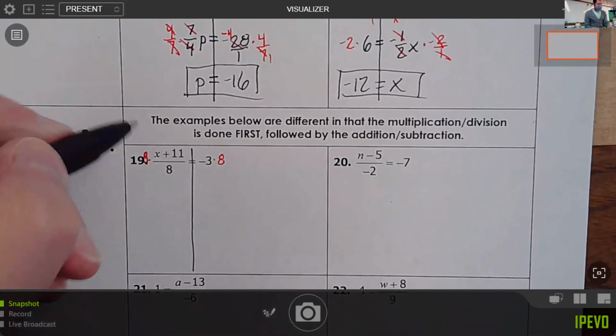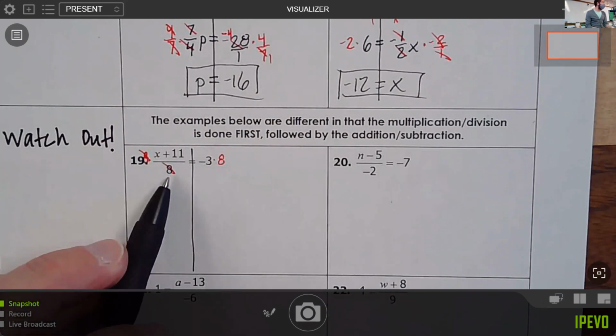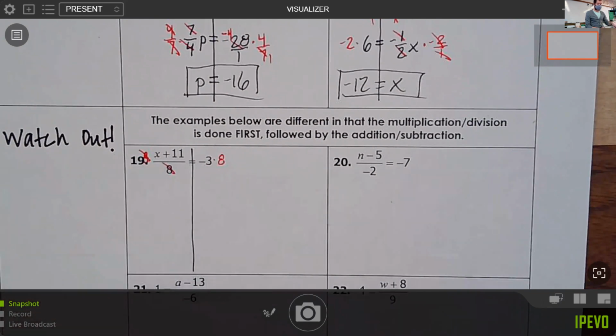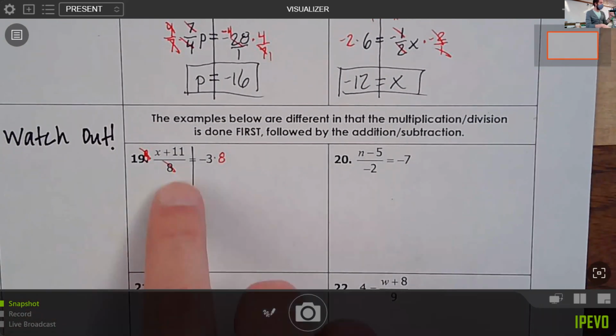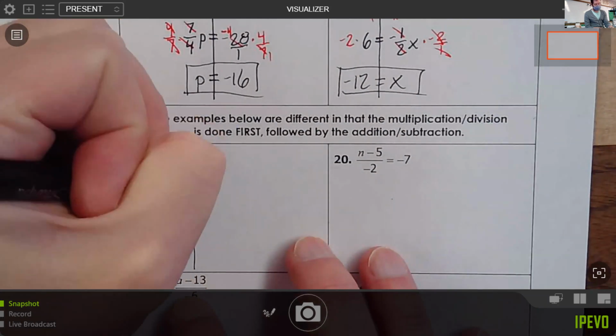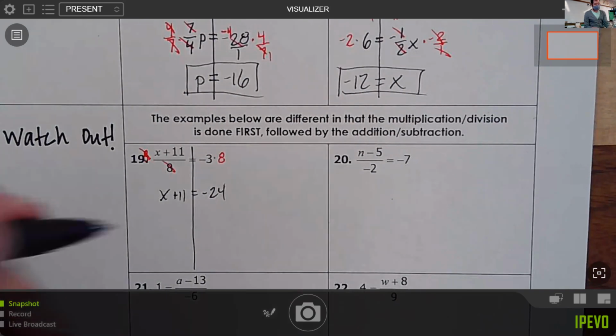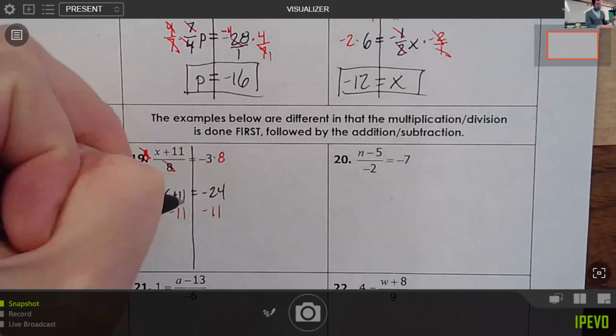So on the left-hand side, the 8 over here cancels out with the 8 as the denominator. So the 8s cancel each other out, which means we're left with just the x plus 11. And negative 3 times 8 is negative 24. So now we have x plus 11 equals negative 24. And to get rid of a positive 11, we just have to subtract it from both sides.